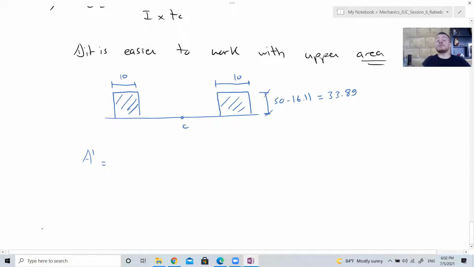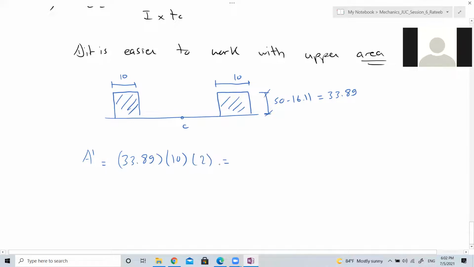So what's area prime? Guys, I need you to be faster. 33.89, yes, multiply by 10, but times 2. So 33.89 times 10 times 2, which is 677.8 millimeter squared.